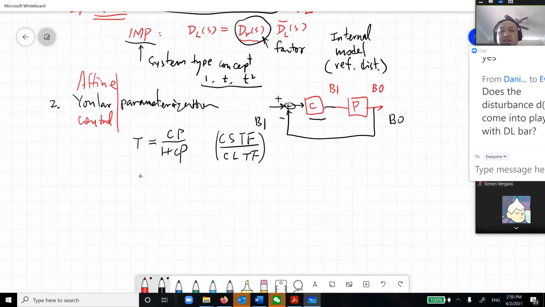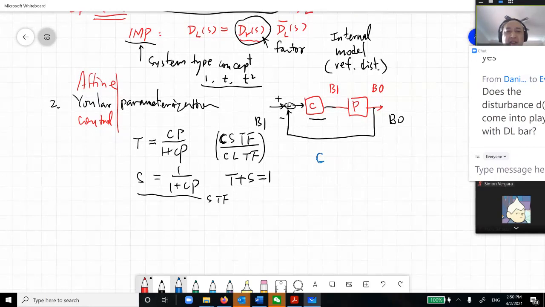Because the sensitivity function is 1 divided by 1 plus CP, and T plus S is 1, so that's why we use the name complementary sensitivity function. This is called the sensitivity transfer function, okay? Okay, so the question is, if the C is not chosen properly, I could make the whole system unstable.